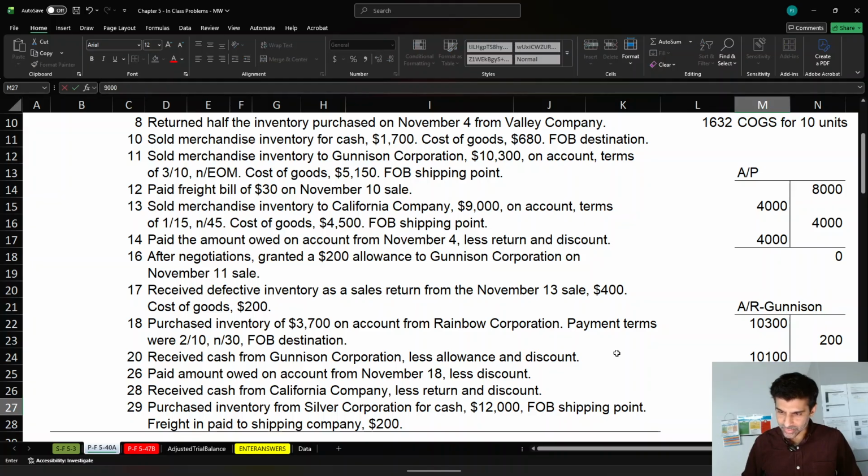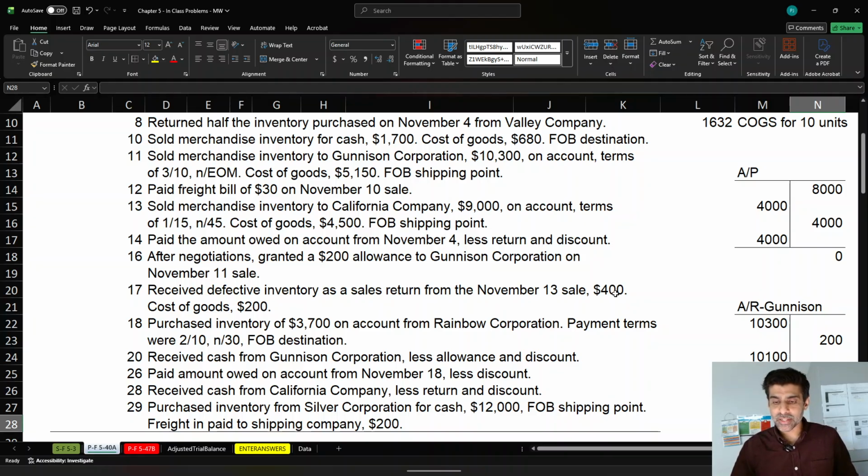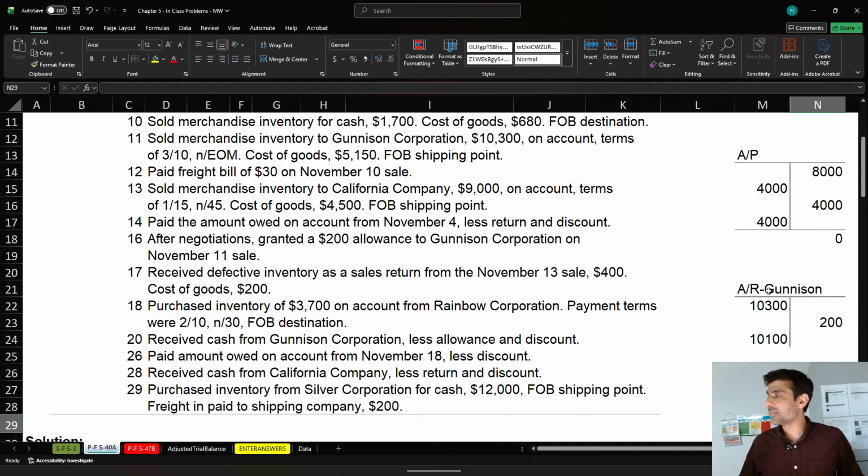It was 9,000, and they're going to return $400 worth of items. Okay, so that's how much, like on the revenue side, it's worth 400, right? That's how much the related value in revenue was. So I'm going to have to reduce the amount they owe us by 400.